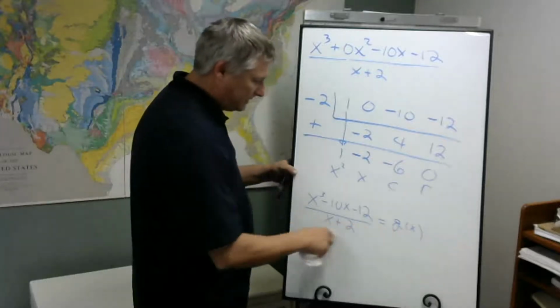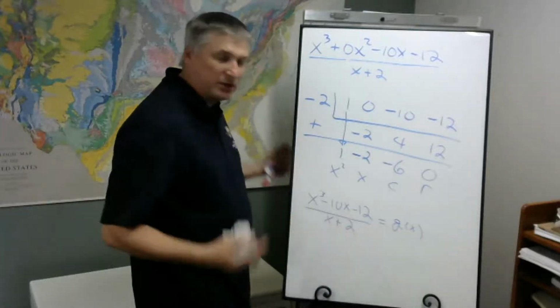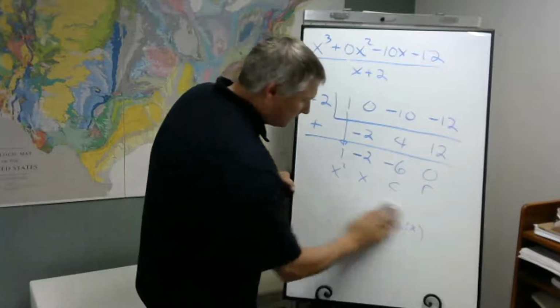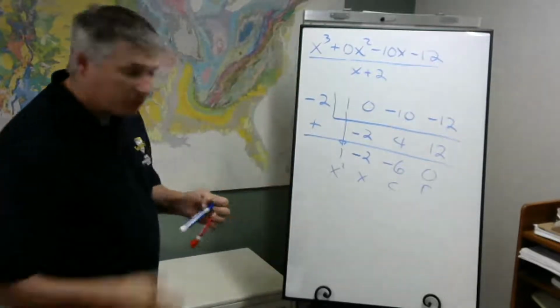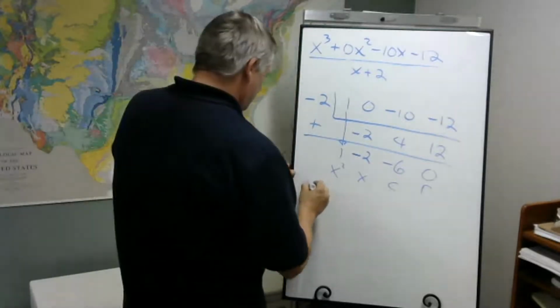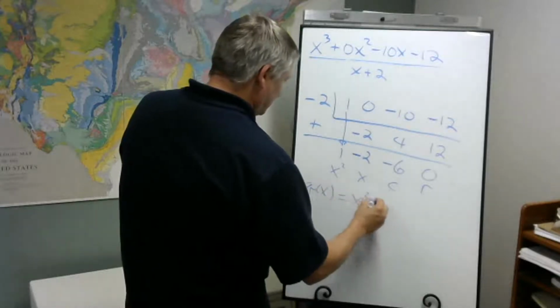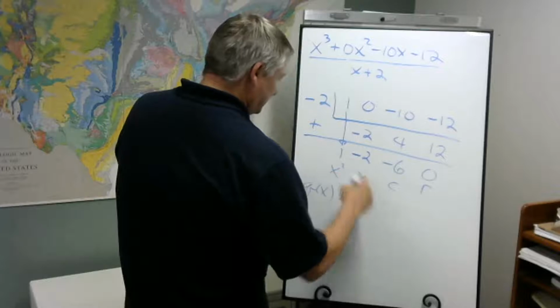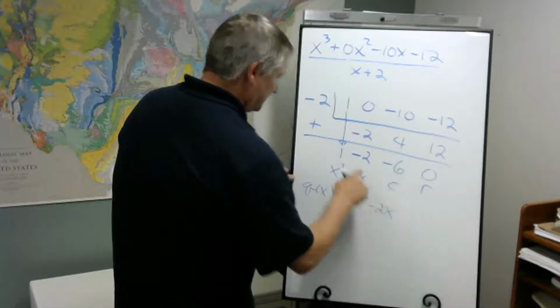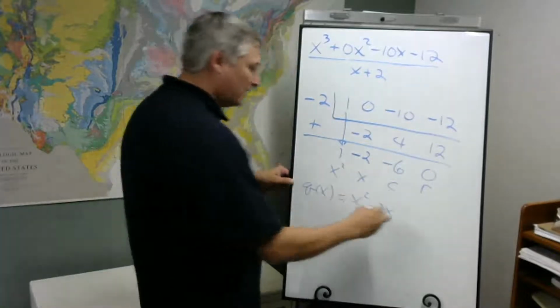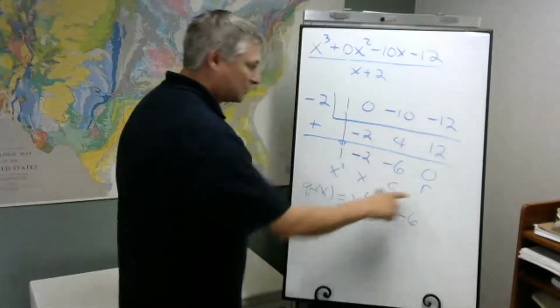So q of x is this division. So what did q of x turn out to be? Well, q of x turns out to be x squared minus 2x, because that's the coefficient for x, minus 6, and there's no remainder.